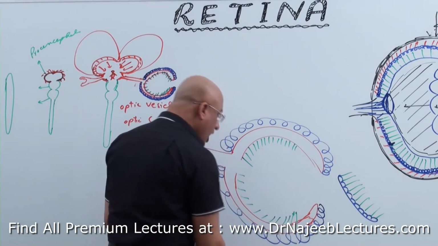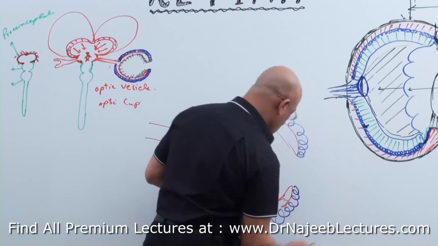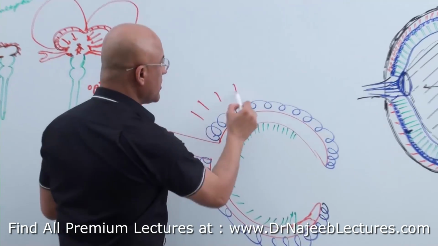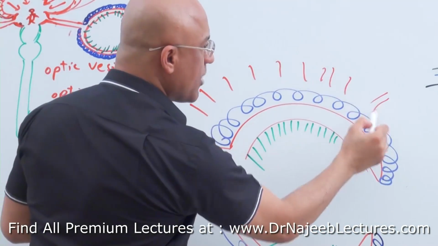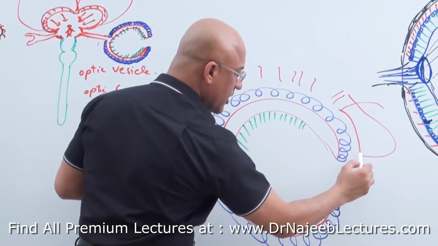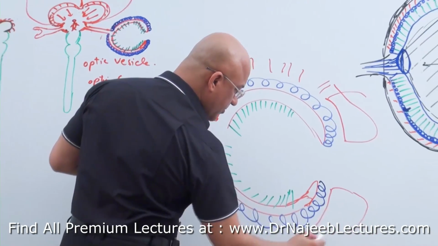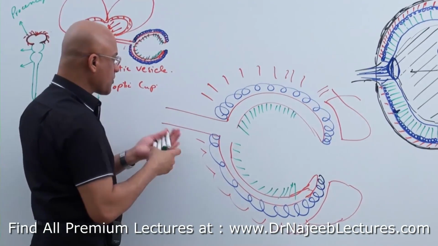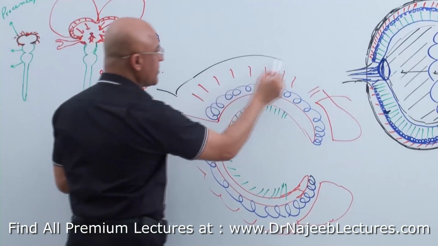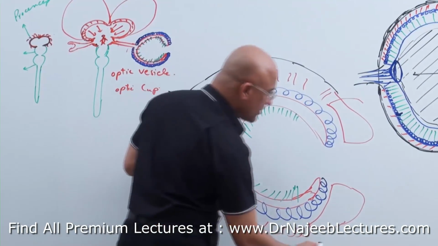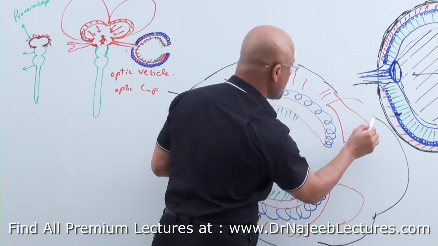But outside it, the structures developing around it, here is what? Choroid. And what is here? Ciliary body. And what is developing here? Choroid. And of course here is the development of what? Sclera. This is developing, and cornea here.